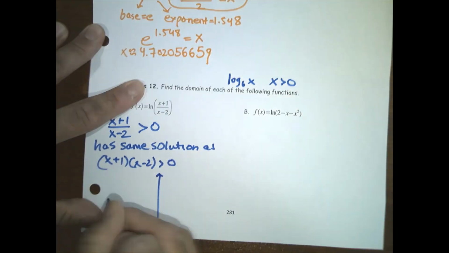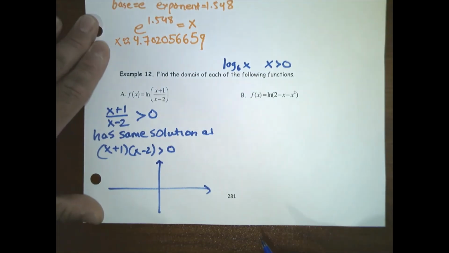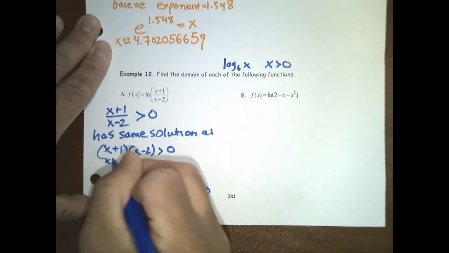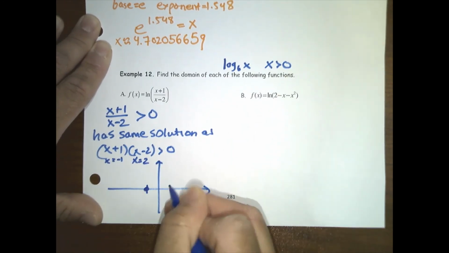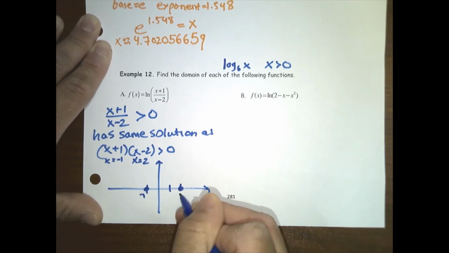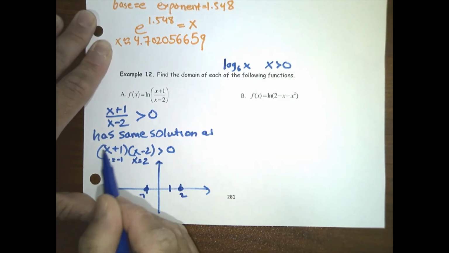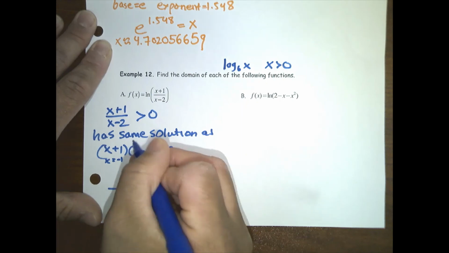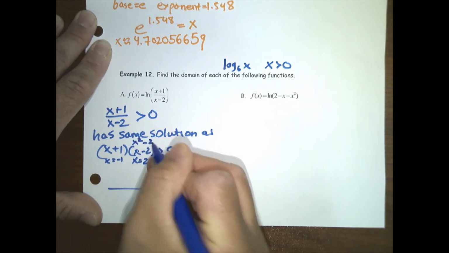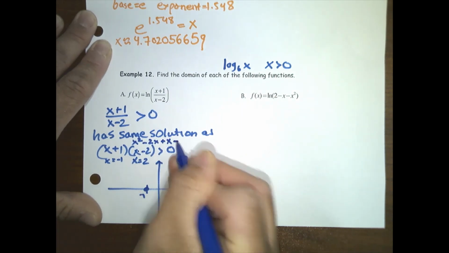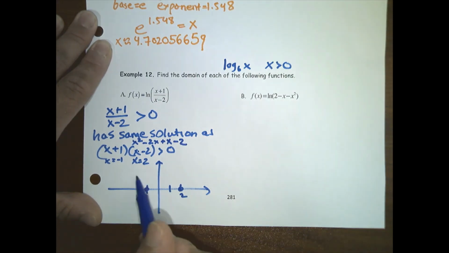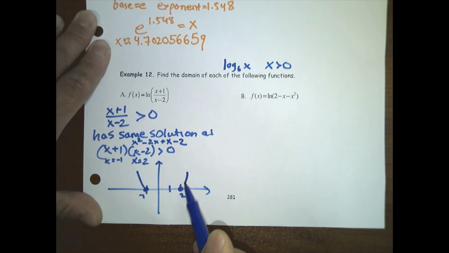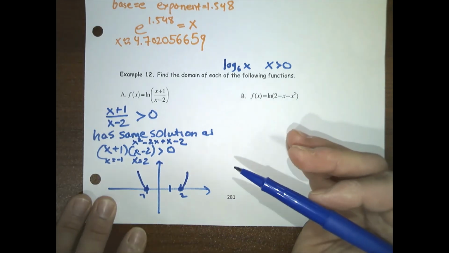So then I can go ahead and graph this. This has intercepts at x equals -1 and at x equals 2. Because it's x times x, it's x squared minus 2x plus x minus 2, so the end behavior is an even power, so it looks like this.